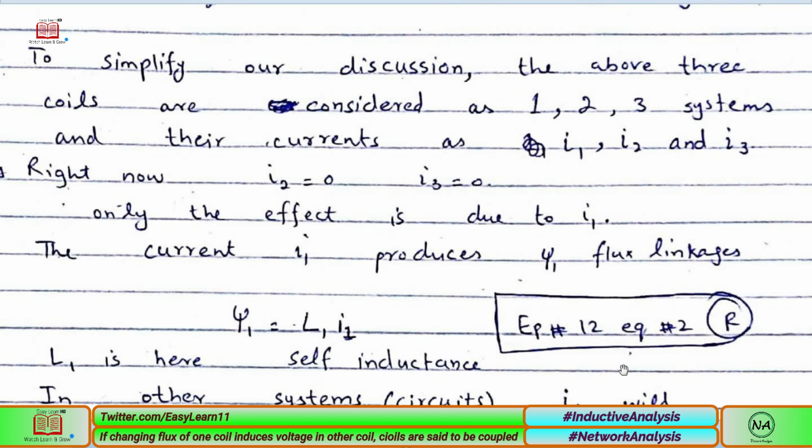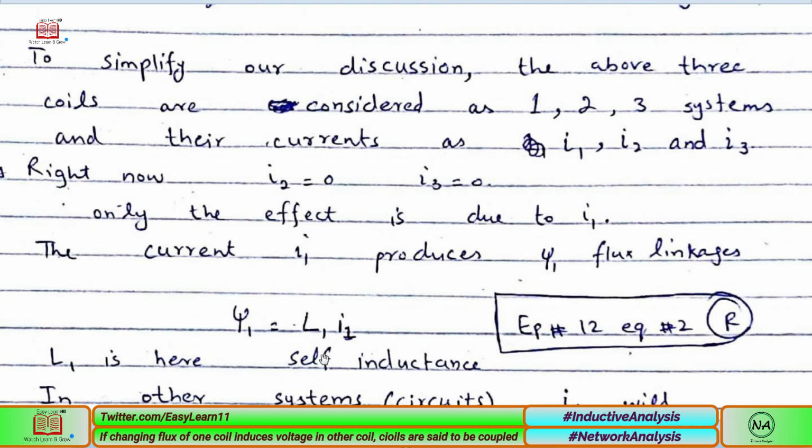This is a very simple formula used for calculating the flux linkage in any system. L is used because this flux linkage is produced due to the flux of its own current.